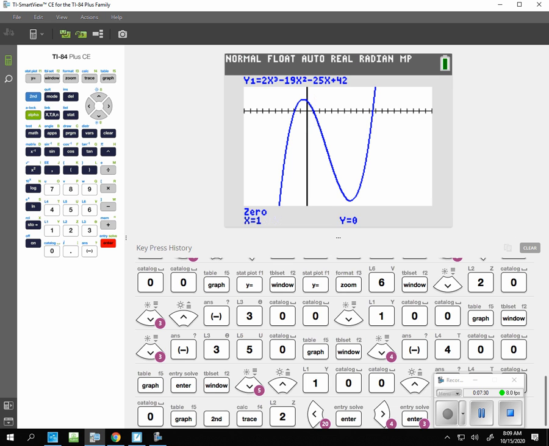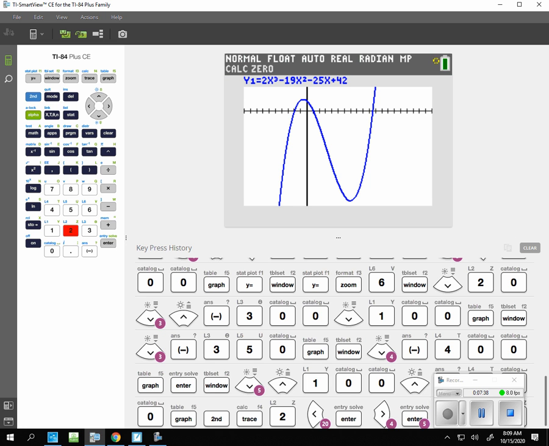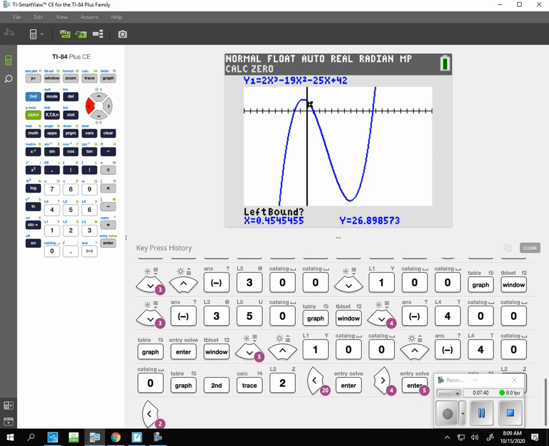Then I hit enter again. So there it is, 1, 0. So it is crossing the x-axis at 1, 0.